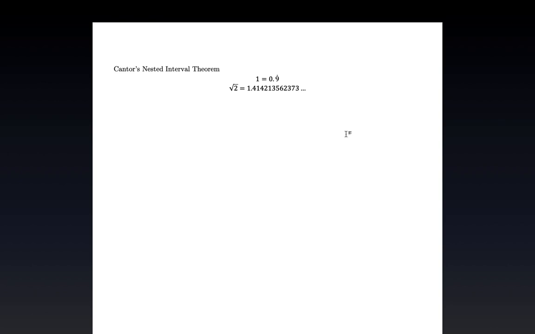But what is the guarantee that we will get a number and that we'll get only one number there? Cantor's theorem answers this question. So Cantor's theorem actually justifies the consistency of the decimal representation system.